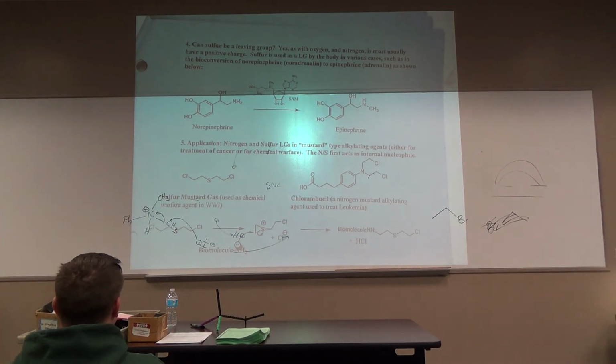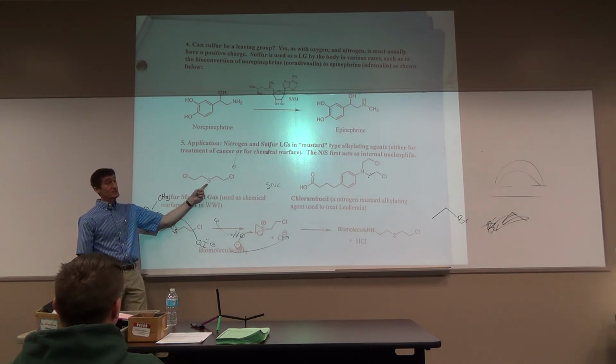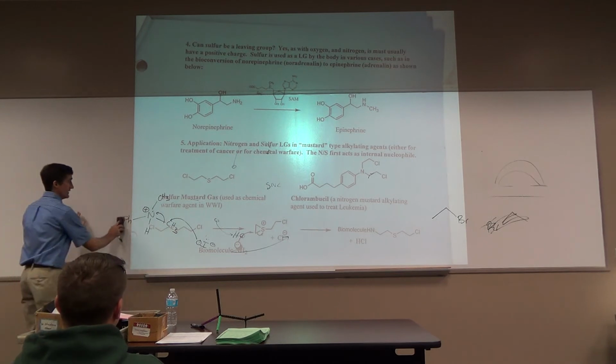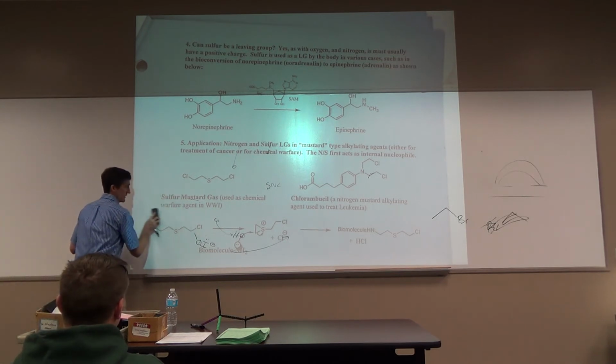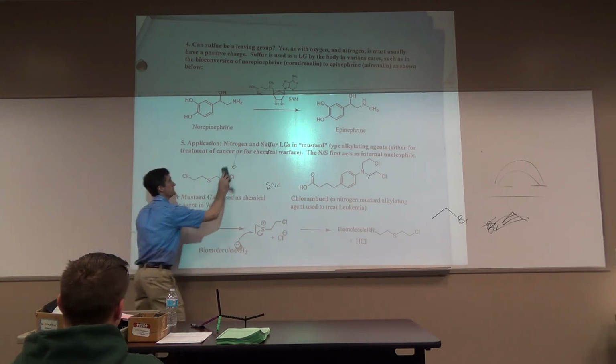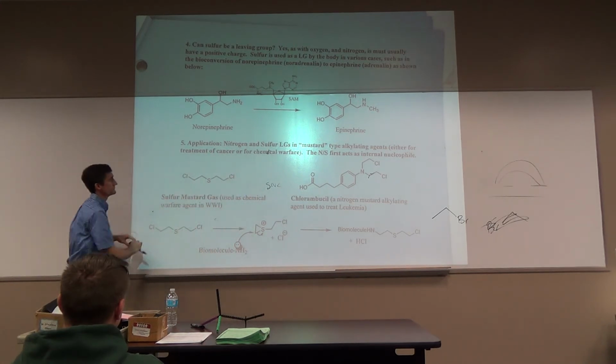You ever heard of mustard gases? Okay, right here. This stuff is bad stuff. It's called a mustard gas. It's yellow, mainly because of the sulfur, and that's why they call it mustard gas. Very toxic. Why?